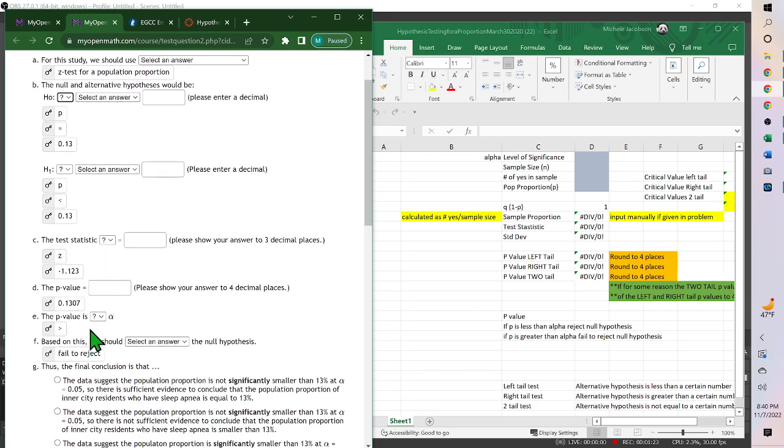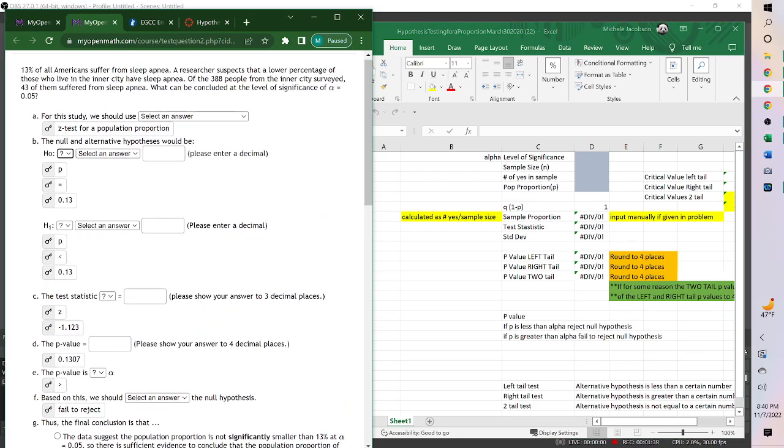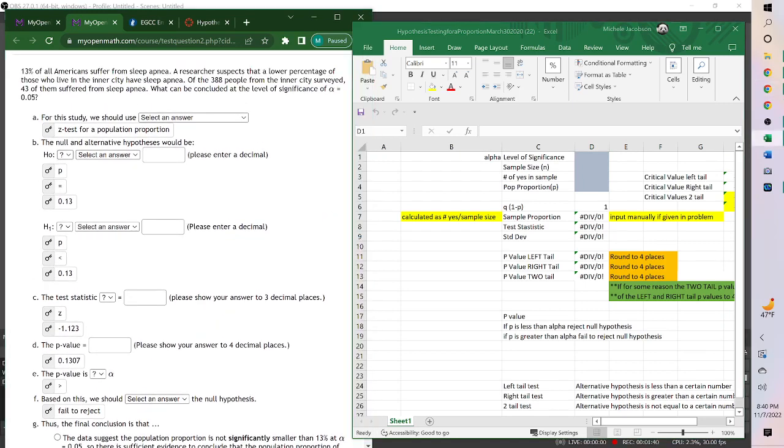To find the test statistic and the p-value, you use the hypothesis testing for proportion, and we fill in here. Level of significance, alpha 0.05.